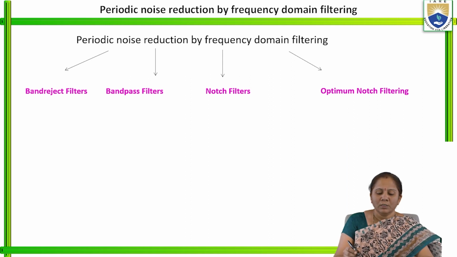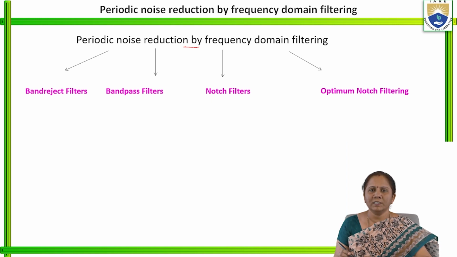In order to reduce the periodic noise present in the image by applying frequency domain filters, we have different types of selective filters available. All these filters are used to reduce the periodic noise, and all of them operate in the frequency domain.